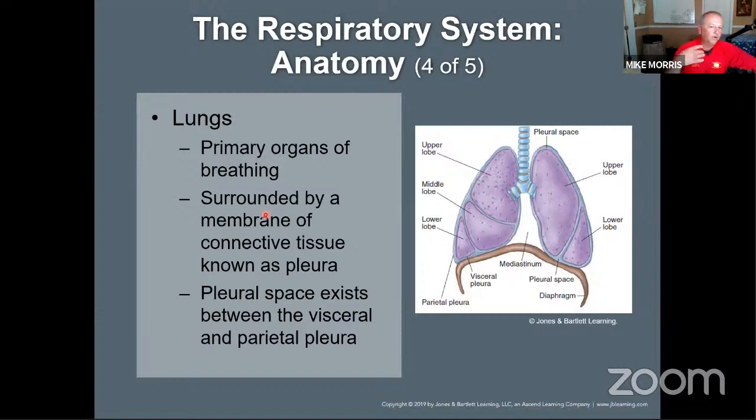So what causes us to breathe? Well, we know that it's the CO2 drive, right? We're on a hypercapnic drive. But the reason for us to take a breath, remember, is the pressure inside the thoracic cavity that causes us to breathe.